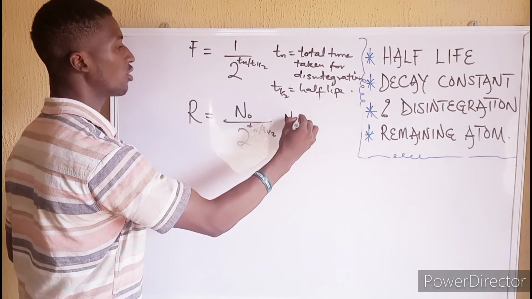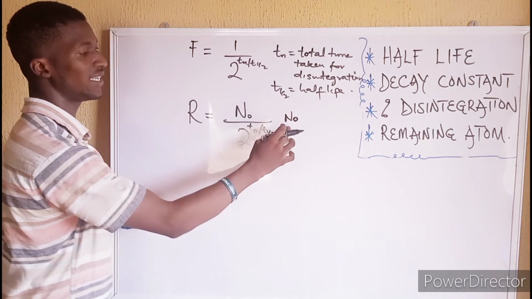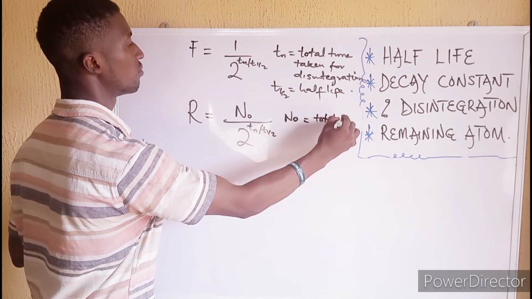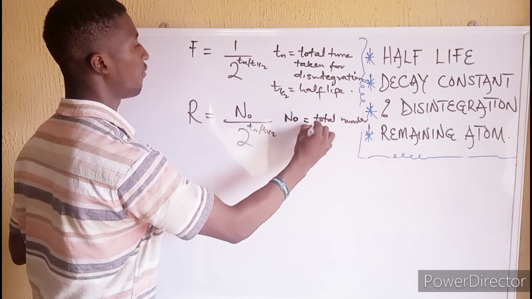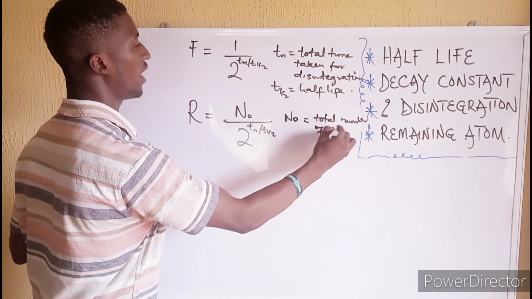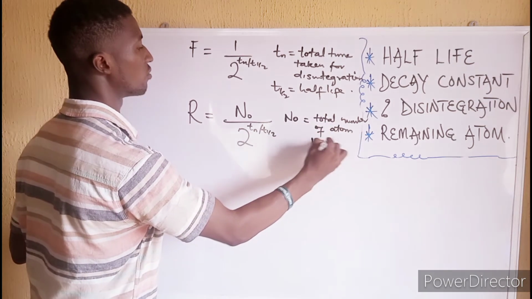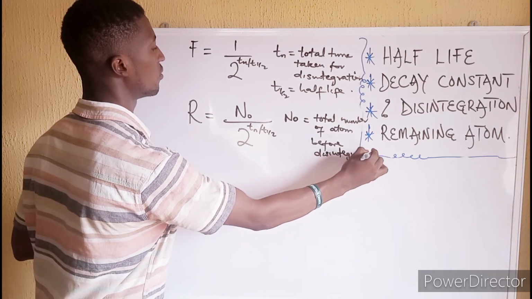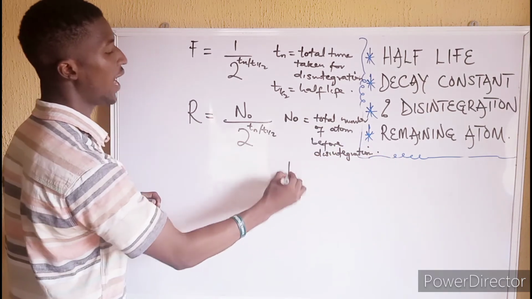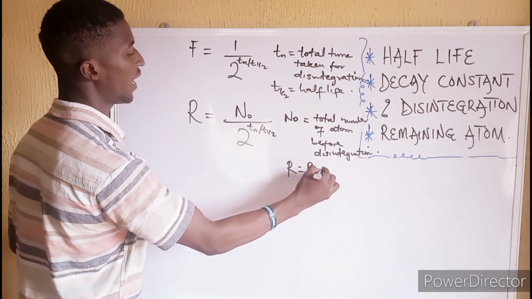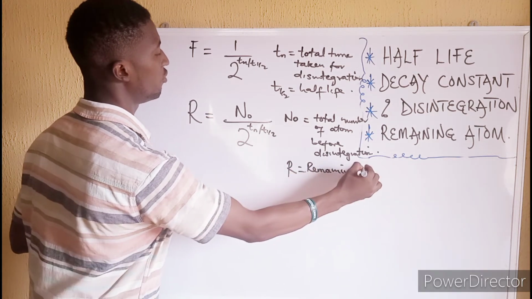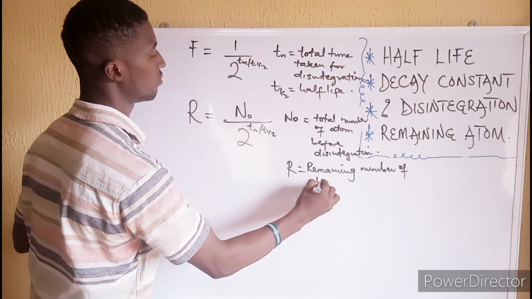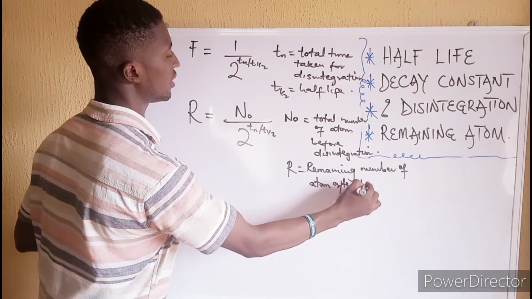But here now your N0 is set to be the total number of atoms before disintegration. And you can have that your R is the remaining number of atoms after disintegration.